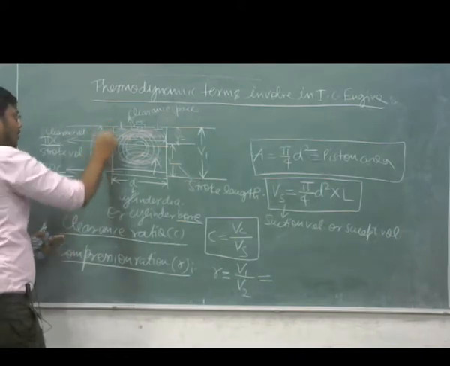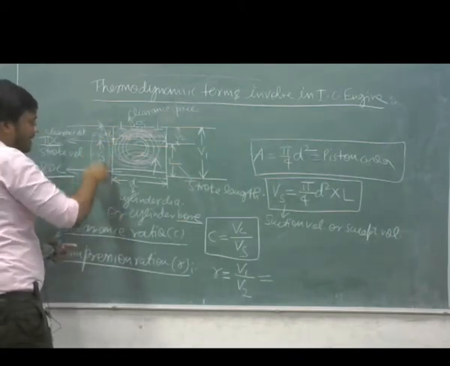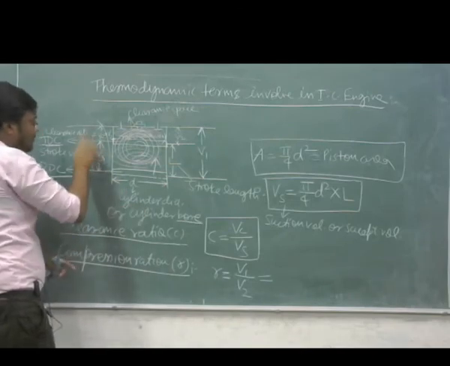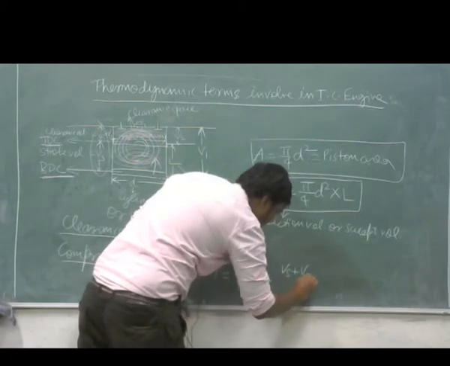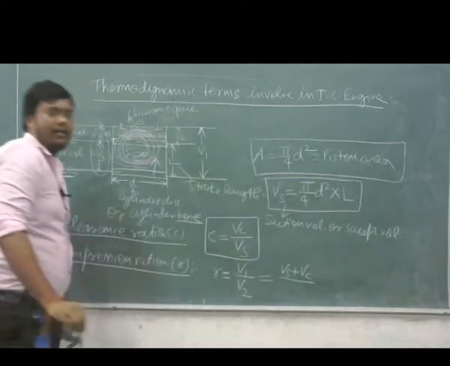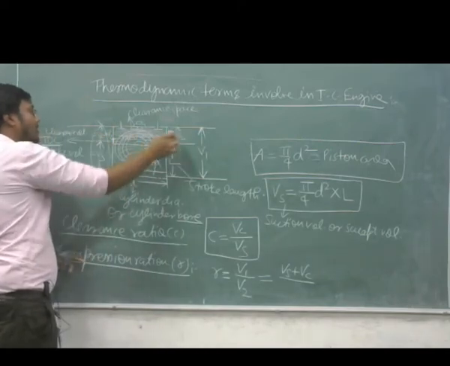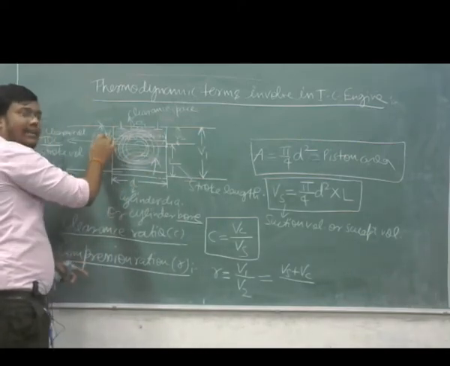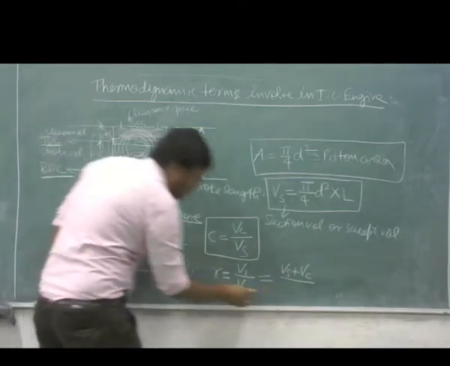So here we can replace V1 by Vs plus Vc, and we can replace V2 by Vc, because V2 is equal to Vc, the clearance volume.